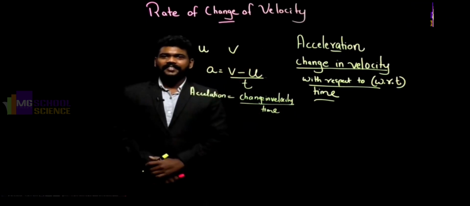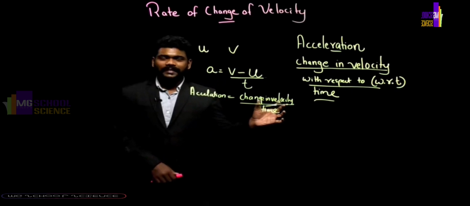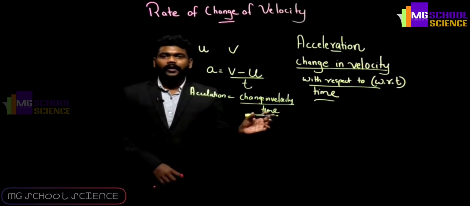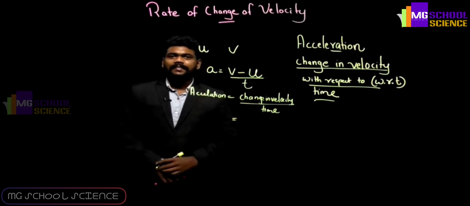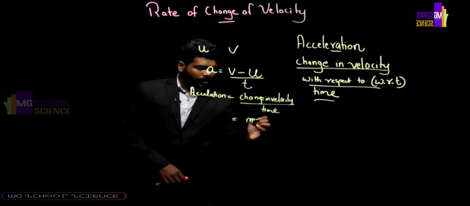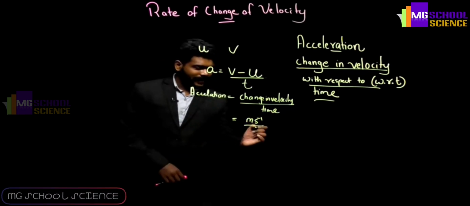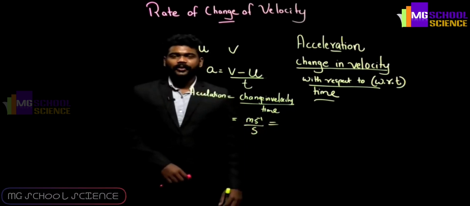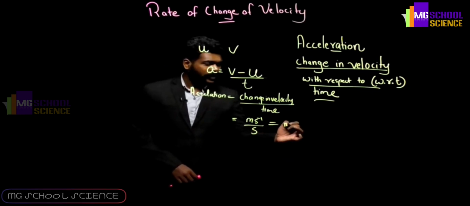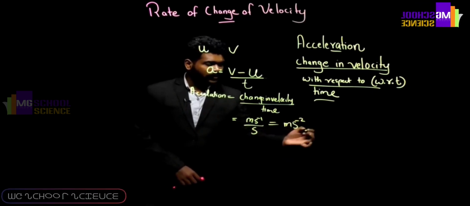Therefore, acceleration is nothing but the change in velocity divided by time. Now, from this formula, we can define the SI unit of acceleration. Velocity's SI unit is meter per second, divided by time's SI unit, second. Therefore, the SI unit of acceleration is meter per second square.